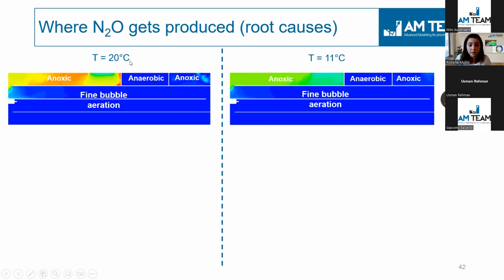So two different temperatures. The first thing that we can notice is that at 11 degrees, the production of heterotroph is reduced. So basically, they slow down their activity. But it's also important to mention that the production reduced, but also their consumption reduced. This is very important to highlight here.